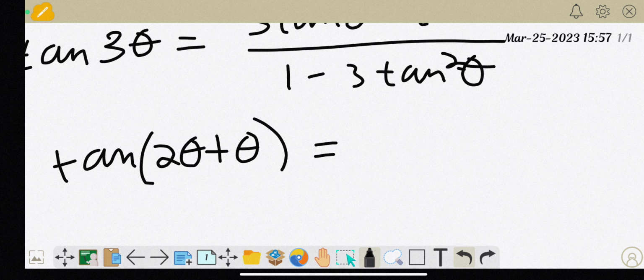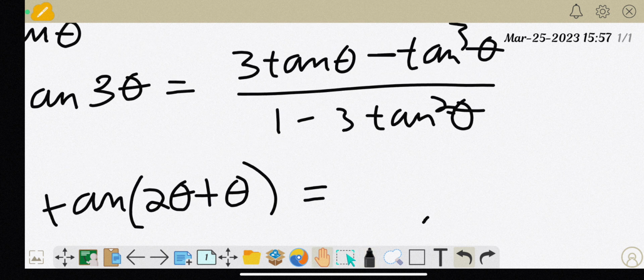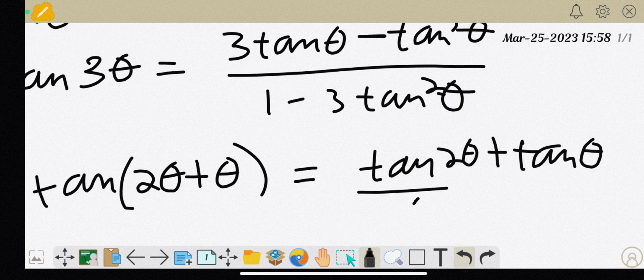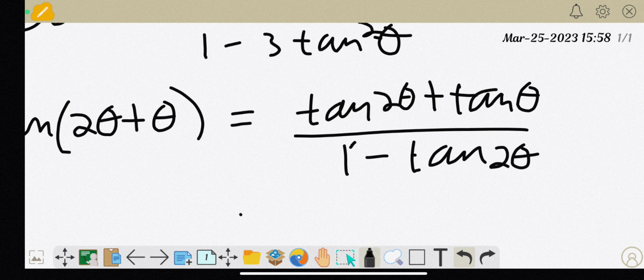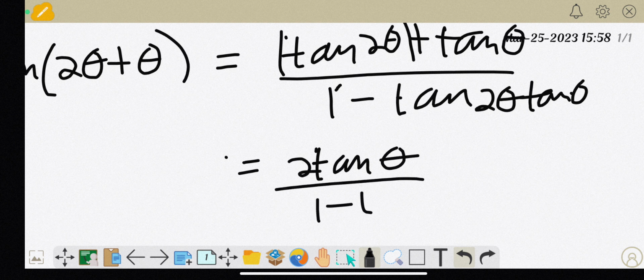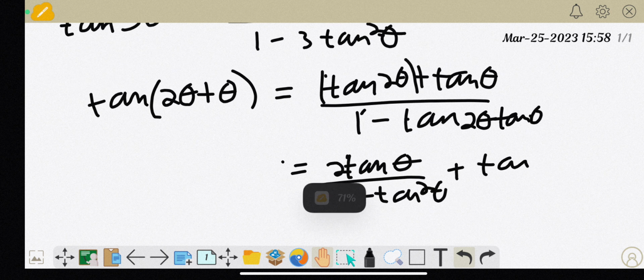So tan A plus tan B divided by 1 minus tan A tan B. In the place of tan 2 theta you have to substitute its formula, 2 tan theta divided by 1 minus tan square theta, plus tan theta. If you solve this and simplify you will get this answer again. So it is easy to verify. Okay.